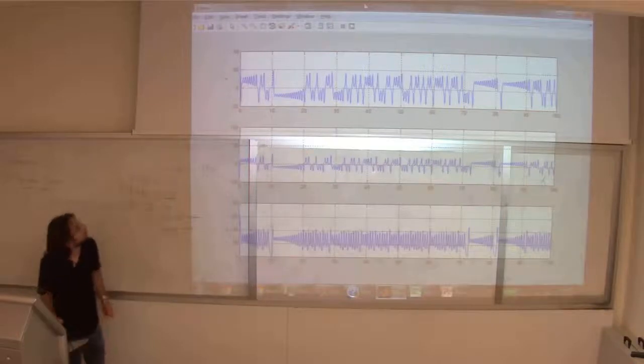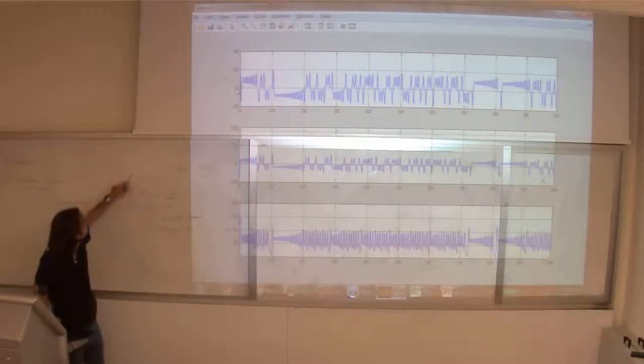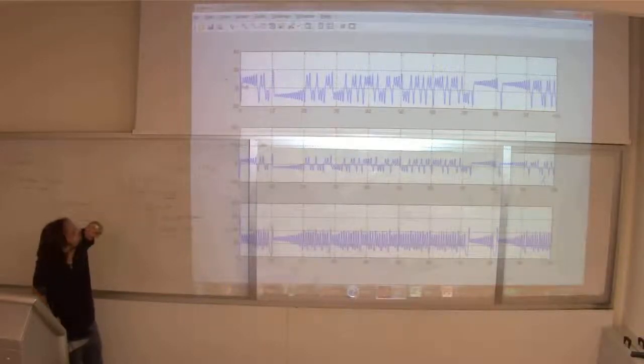These variables in the phase space are the intensity, the temperature difference between the flows, and so on, and they are oscillating.